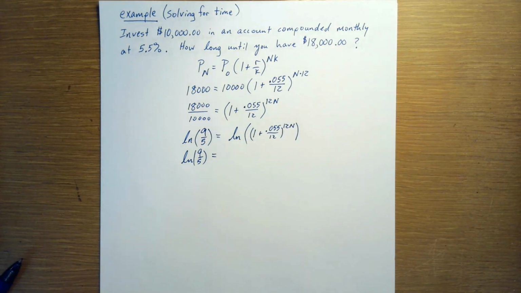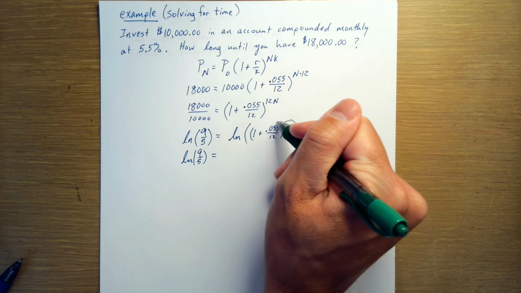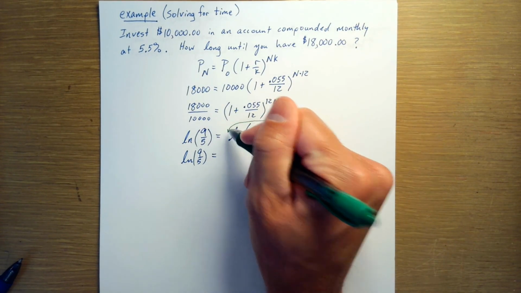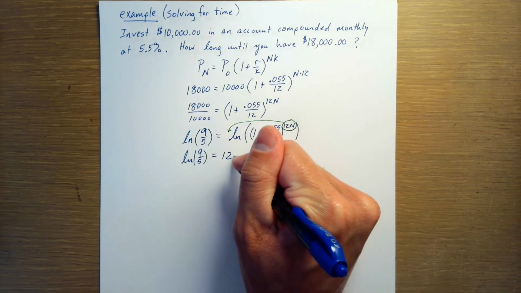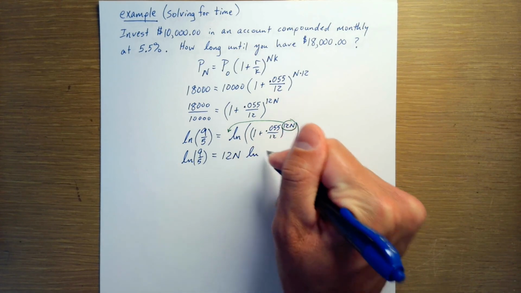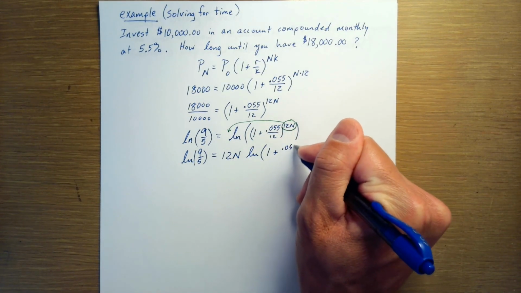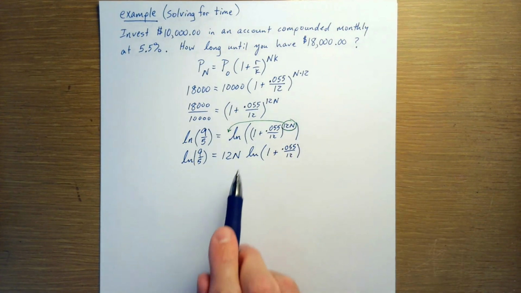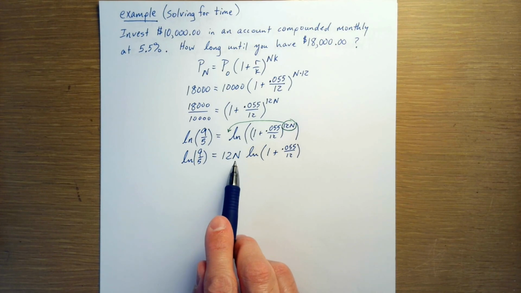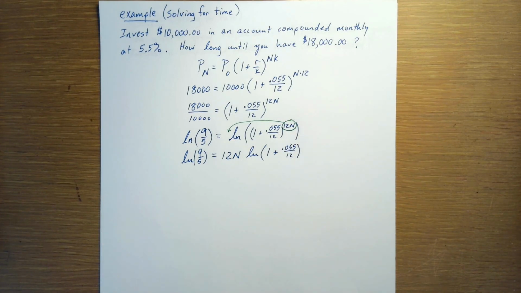And this is a property of logarithms. This exponent can be factored out front. So this becomes 12n times natural log of what was the base inside. And now my variable is out here and it's multiplied instead of raised as an exponent. Therefore I can solve for it.